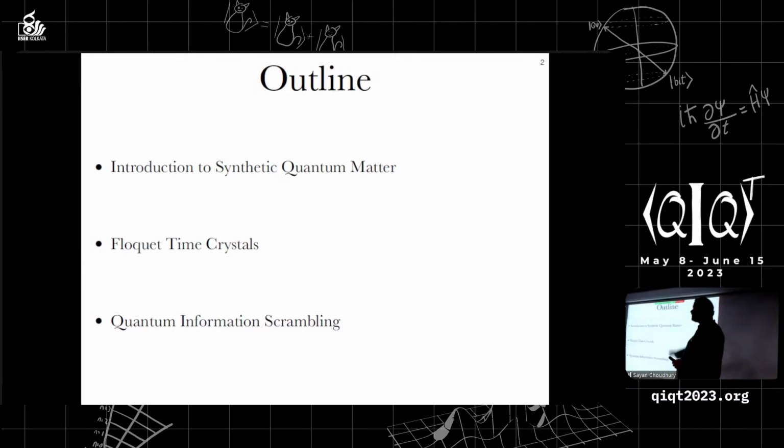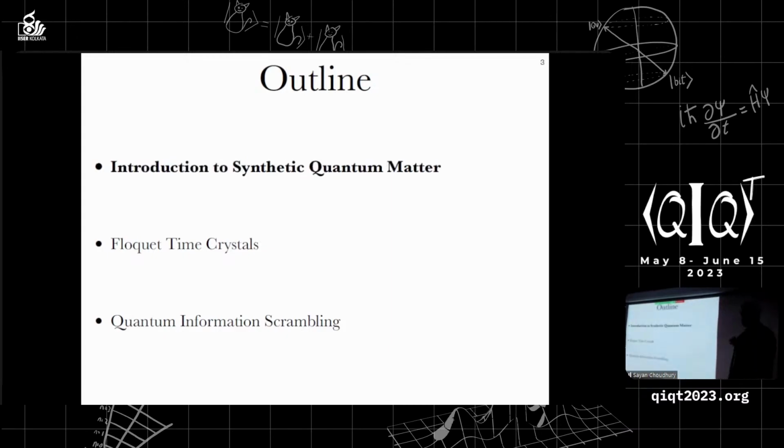There is a part on time crystals, and then there's a part on information scrambling. The goal is that the time crystals part should be covered. If we don't get to information scrambling, doesn't matter. If any of you are interested, we can talk after the talk. So with this, let me start off by giving you an introduction to synthetic quantum matter.